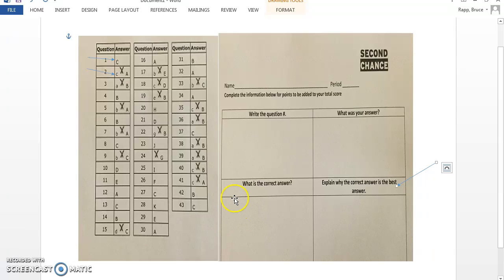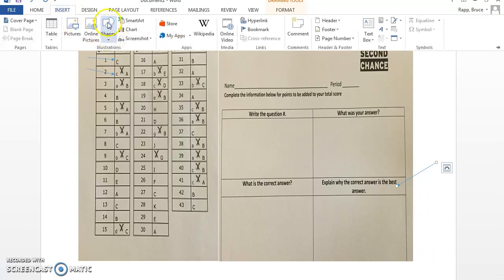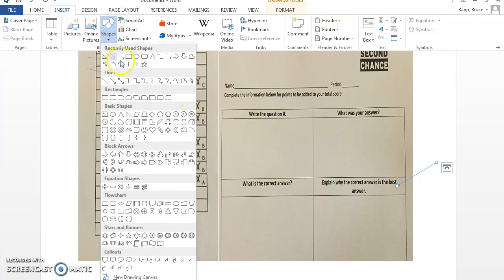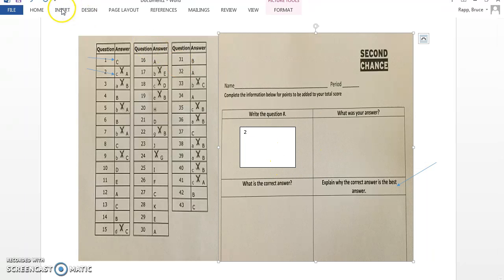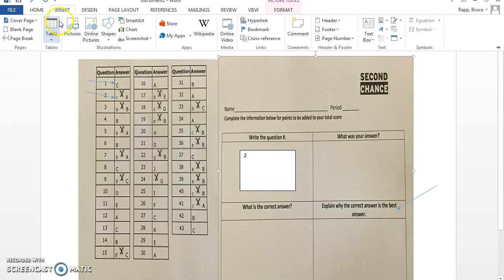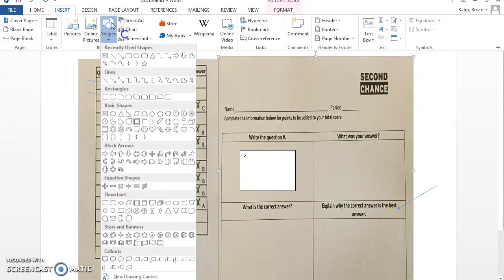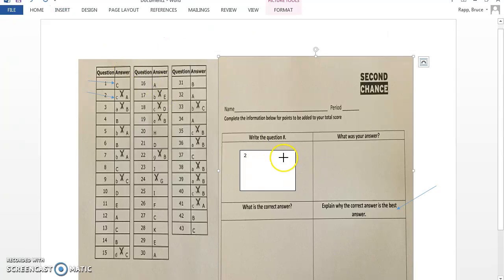So let's start out with number 2. In my box, write the question number. All I actually have to put in there is number 2. So here, I put number 2. That's it. That's done. Then I go to the next one. In here, I'm going to put what my answer on the test was.